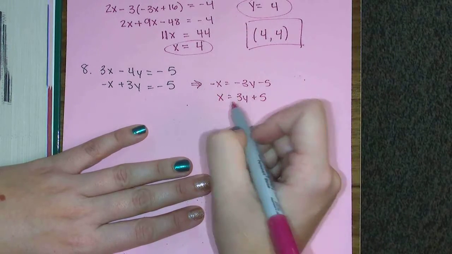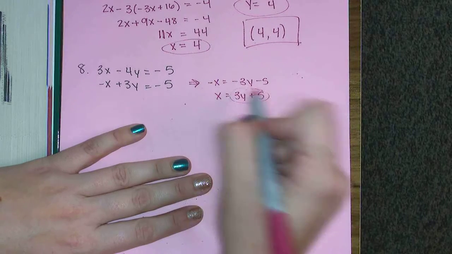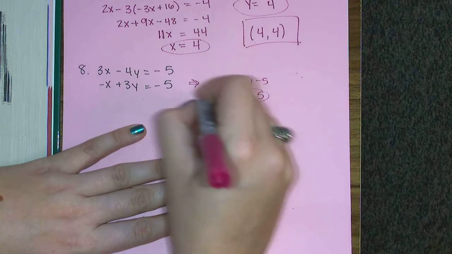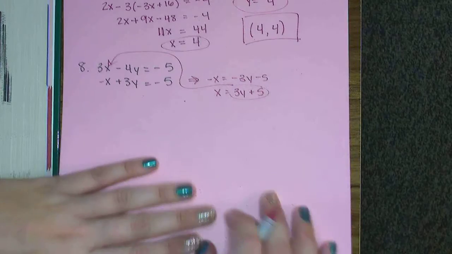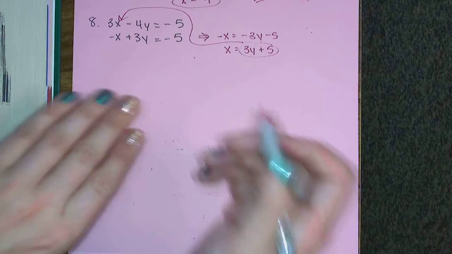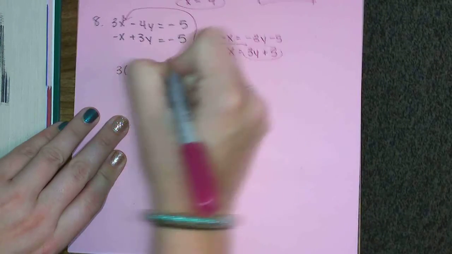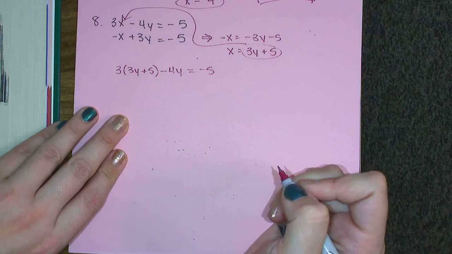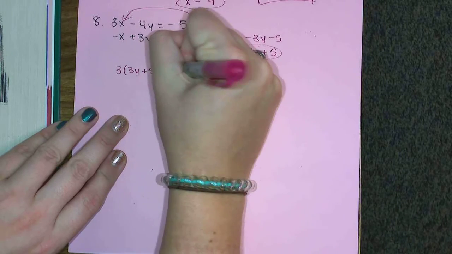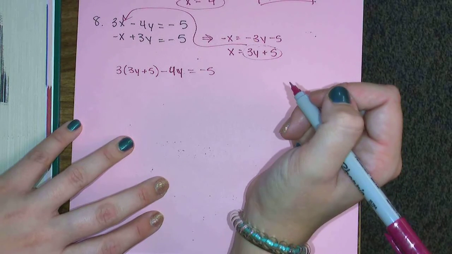So x is equal to 3y plus 5, so I'm taking this now and plugging it into this top equation where x is. So I get 3 times 3y plus 5 minus 4y is equal to negative 5. And I need to solve for y, so what do I need to do first?